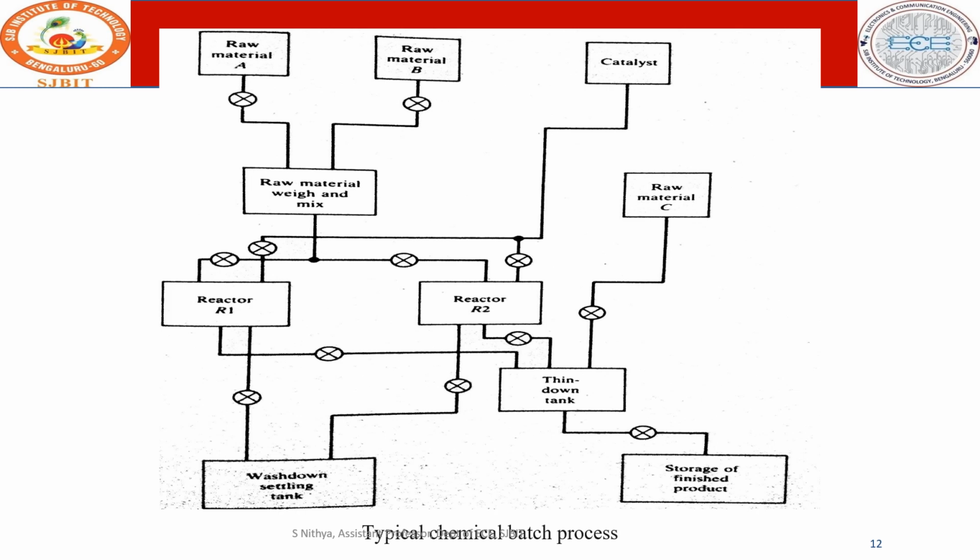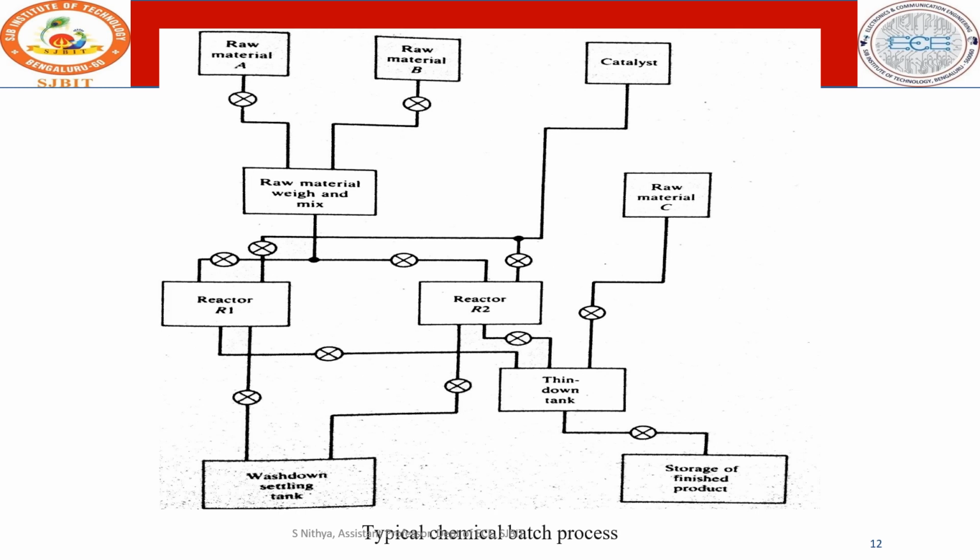At the same time, the second batch of raw materials is ready and will be sent to reactor 2, so reactor 2 is ready for the process. It performs the operation while reactor R1 is in the cleaning process. The same process is performed in parallel.